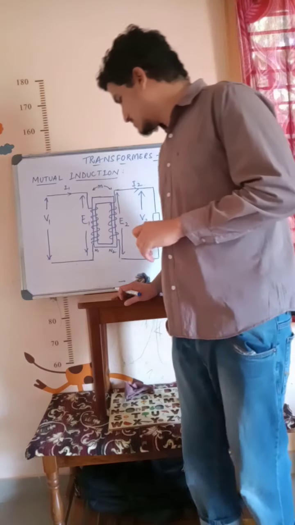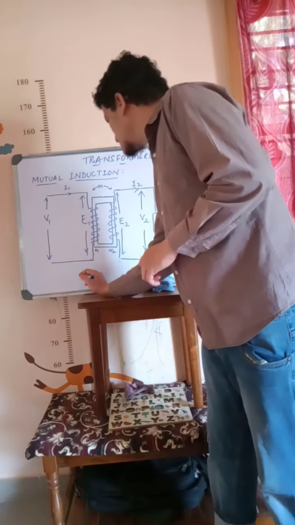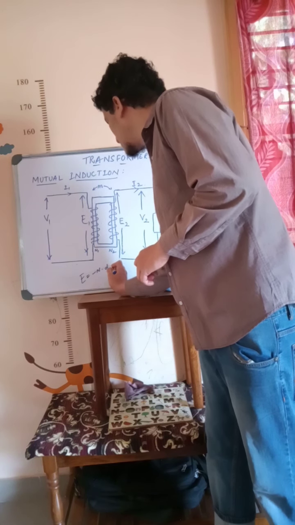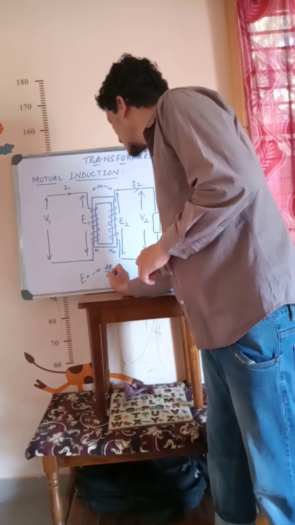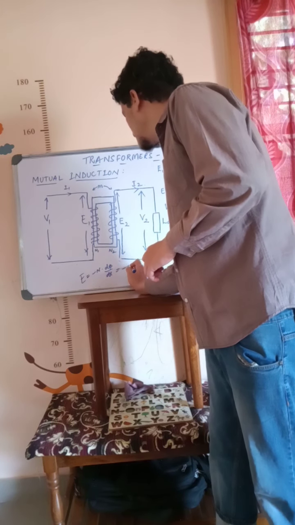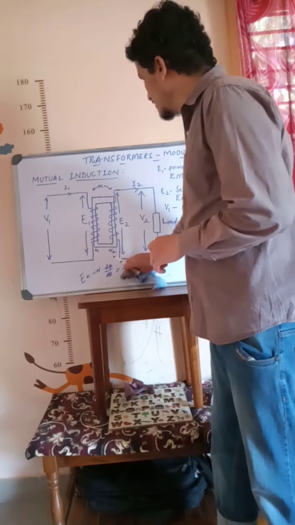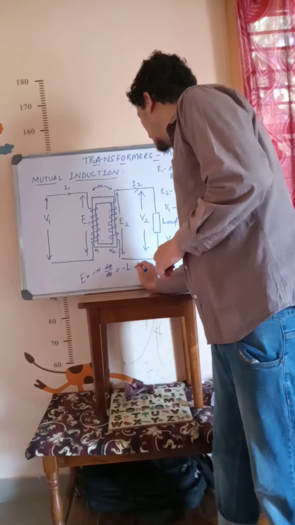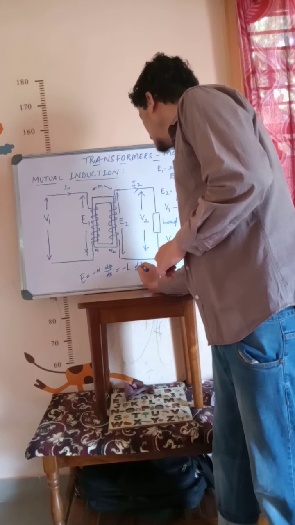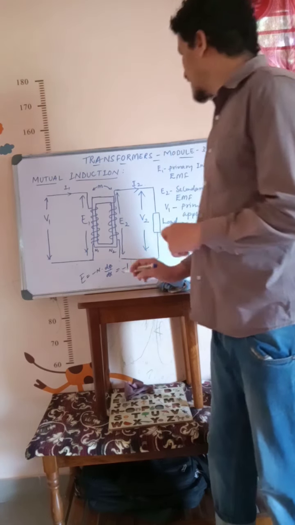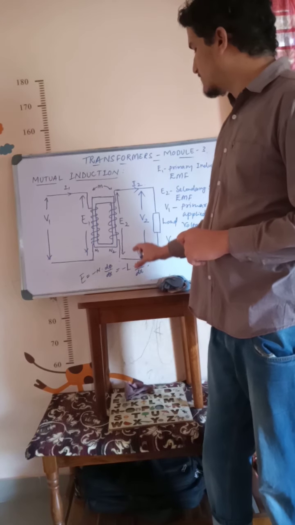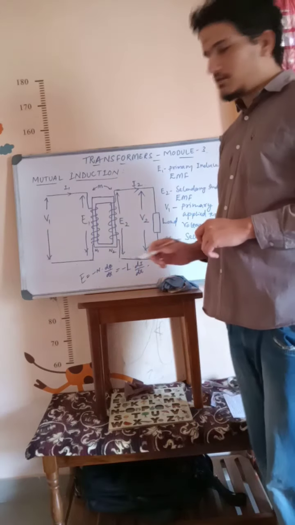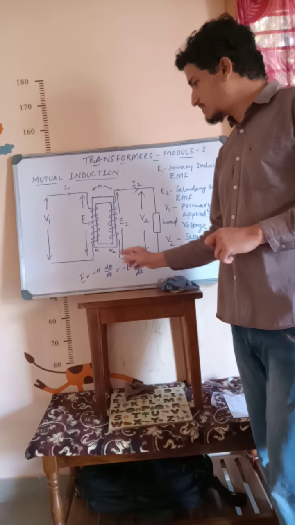Hope you understood this. This E equals minus N into d phi by dt can also be written as minus L into di by dt. di by dt is the rate of change of current in the coil.